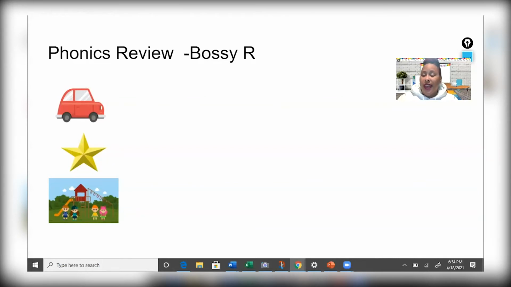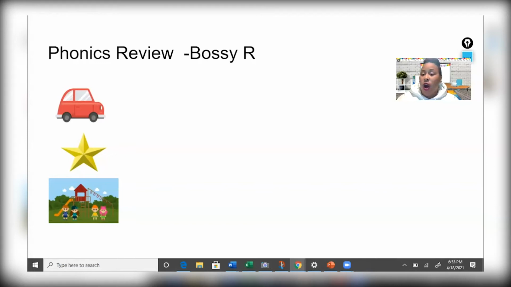We know that A is a vowel. A can have a short sound and a long sound. The short A makes a ah. The long A says A. And we know that R makes a R. But when we put A, R together, that bossy R changes the sound.